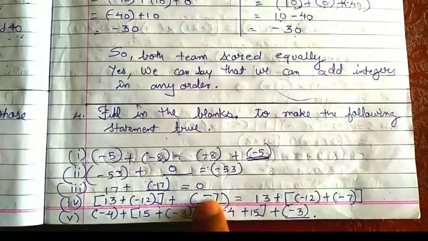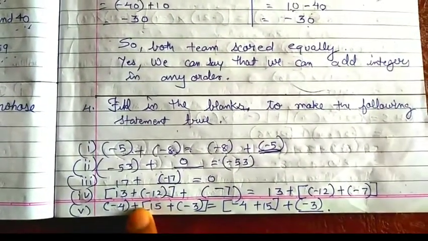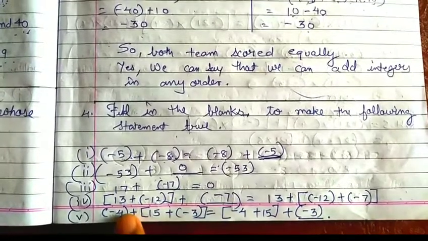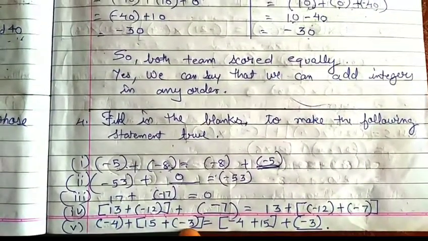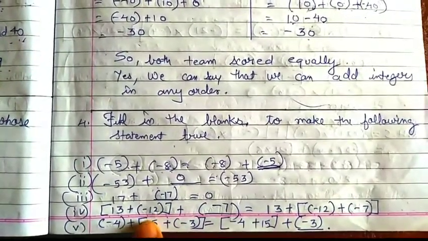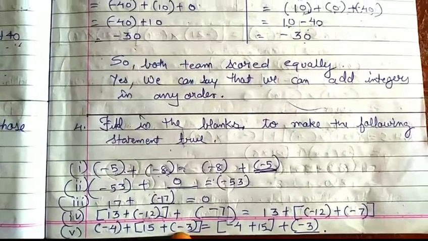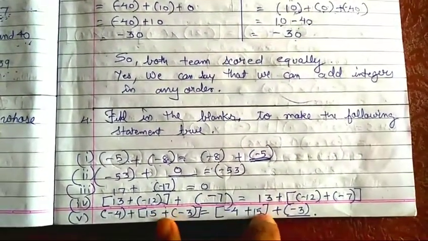So write down negative 7 to equalize both these sides. Now here also same thing. On the left hand side negative 4 plus in bracket 15 plus negative 3, and on the right hand side negative 4 given, 15 given, and what is not given? Negative 3. So just write negative 3 to equalize both sides.